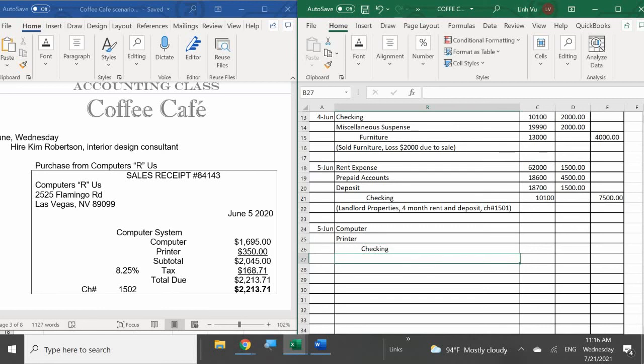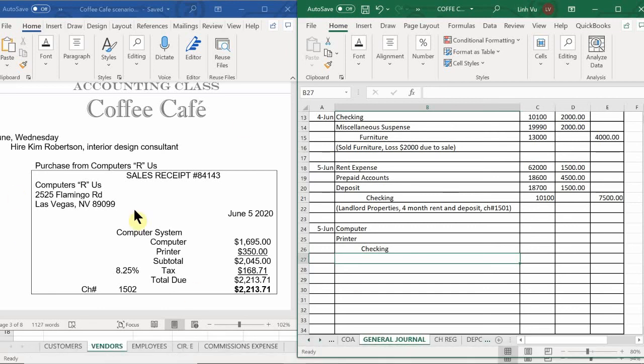It says right here down below, I used check number 1502 to pay for this. My computer account was 14010 and my printer account was 14020. And my checking account number, I can just look right above, 10100. So now I know for a fact that I have a grand total of 2213.71.